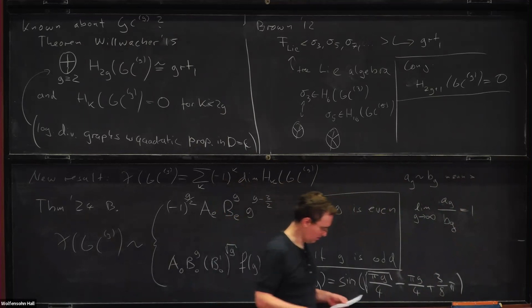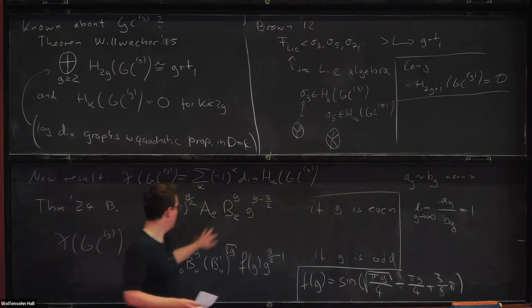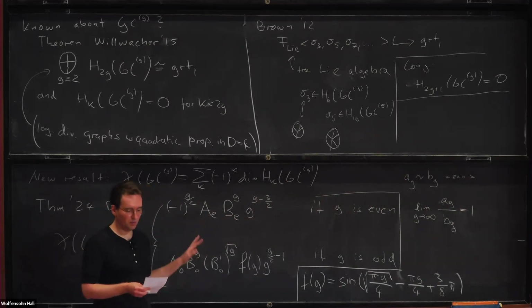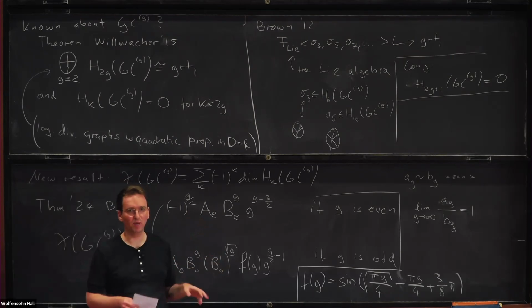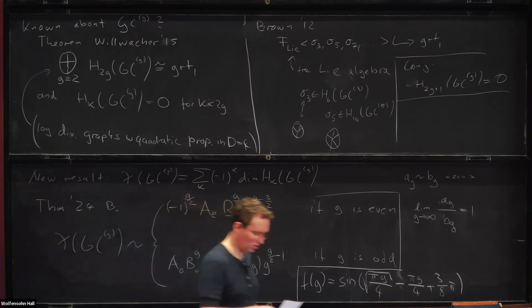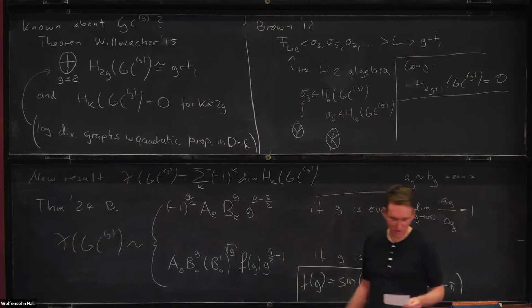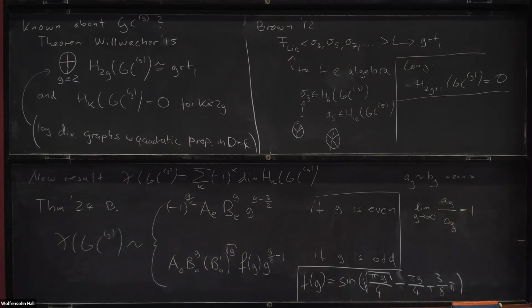It's just a notation. And these constants A_E, B_E are simple constants like, I don't know, 3 pi to the power of 3 over 2 over square root of 2, something like this. And I just didn't want to clutter the formula too much to actually write them down.